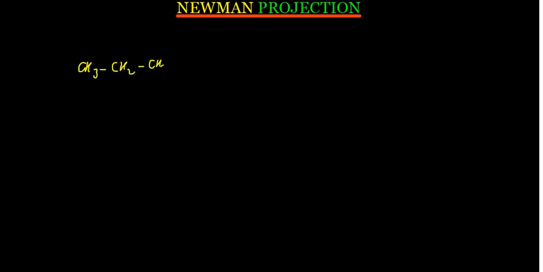Okay, what if we have got a compound that has got more than one carbon? Let's say this compound has got the formula CH3, CH2, CH2, and then CH3. How are you able to write now the Newman projection configuration for this one?